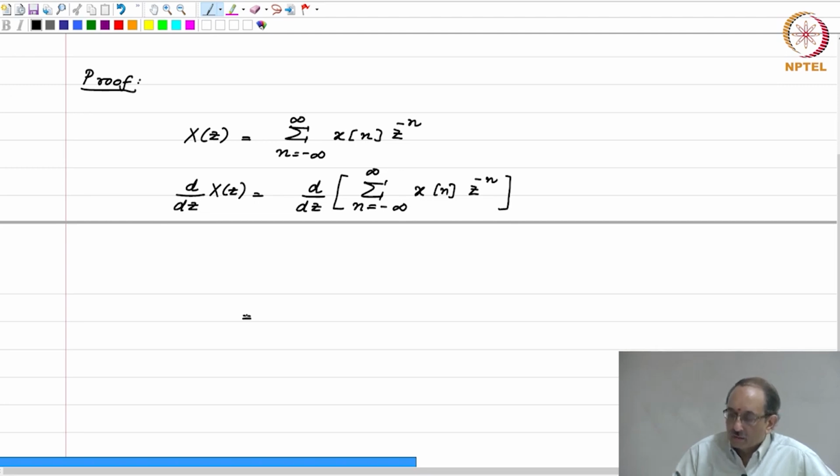usually when we reach this step, we happily interchange the two operations. Remember that d by dz is a limiting operation. This also is a limiting operation, and you cannot in general interchange these two operations.